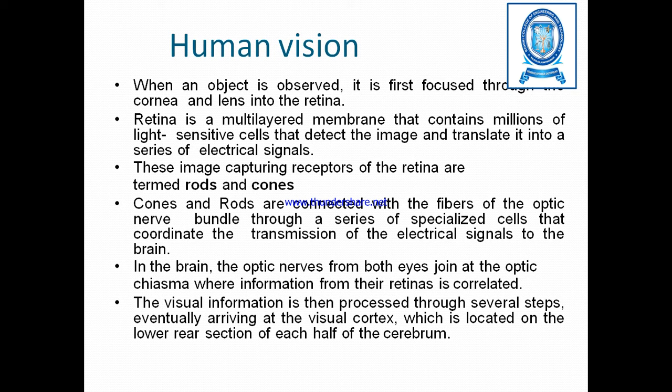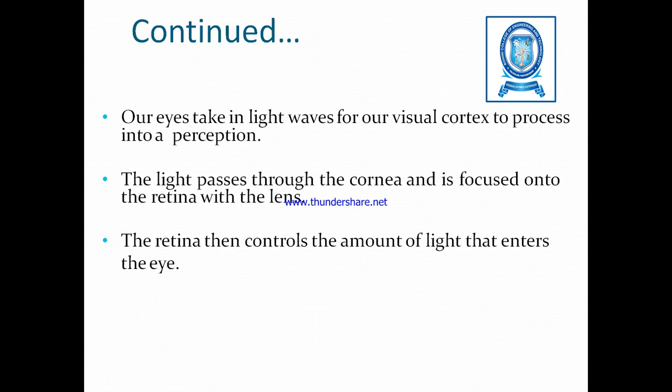Our eyes take in the light waves, which are processed and turned into perception. The light passes through the cornea and is then focused onto the retina through the lens.